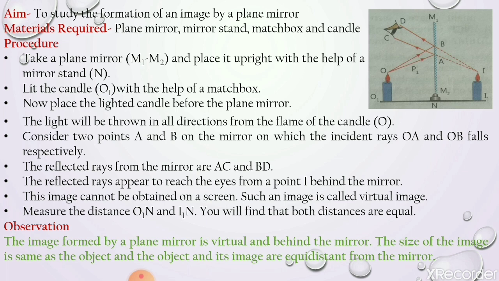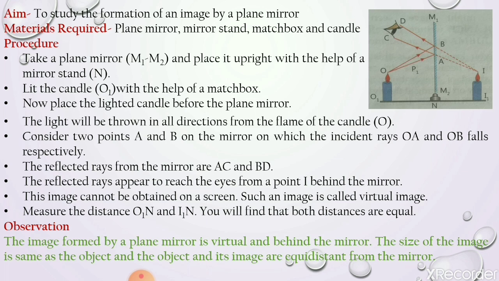Now when we measure the distance between O1N and I1N, we will find that both distances are equal. So from this activity we can say that the image formed by the plane mirror is virtual and behind the mirror.